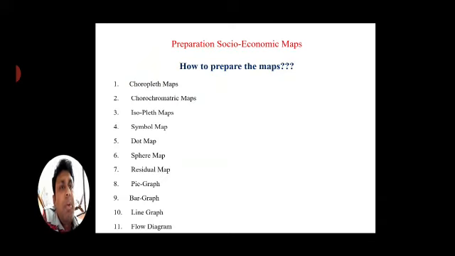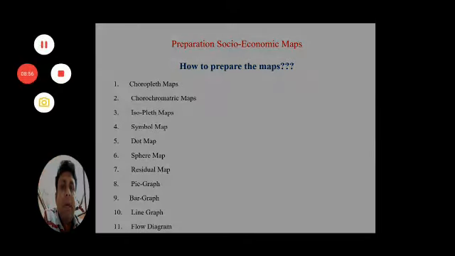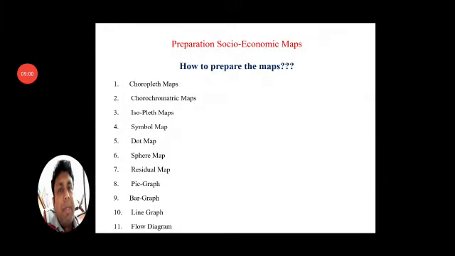Preparation of socio-economic maps. How to prepare the maps. This is the most important part of this topic. We know there are different types of formulas and different processes for graphical representation.